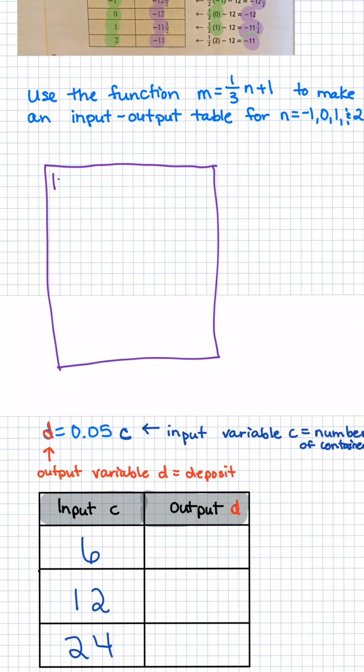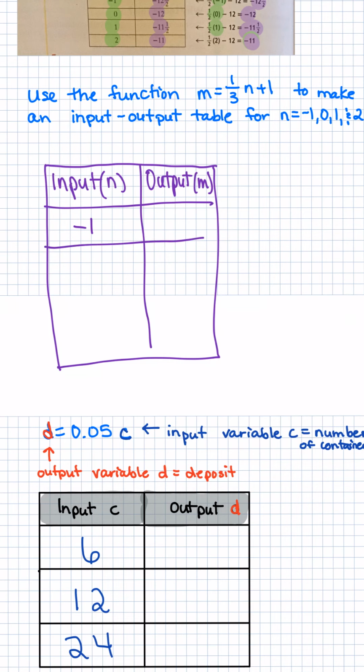So this is going to be the input for n, and this is going to be the output for m. So we have -1, 0, 1, and 2.